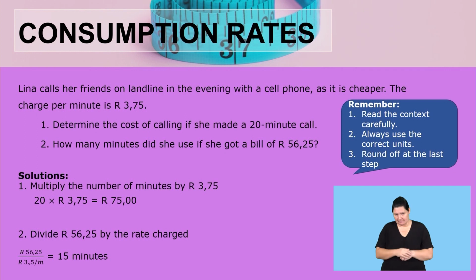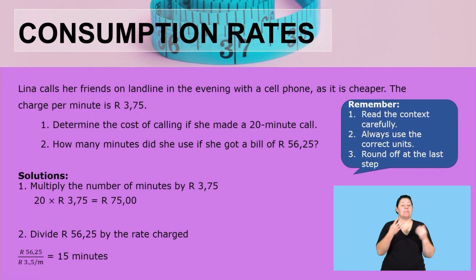So for us to determine the cost, we do it exactly the way we were doing the previous cost rates. We will take the number of minutes, multiply by 3.75 rand, and we get 75 rand. So we are saying if she calls for 20 minutes, she will pay 75 rand.